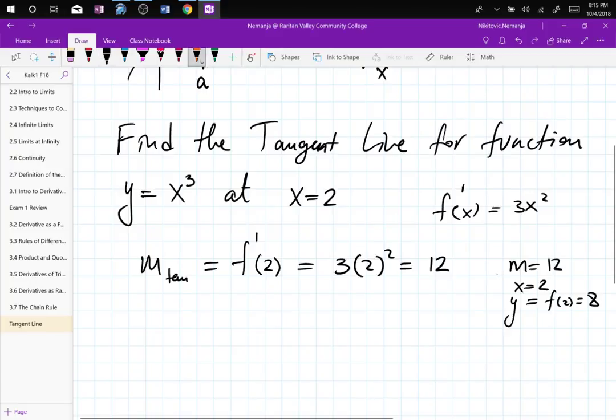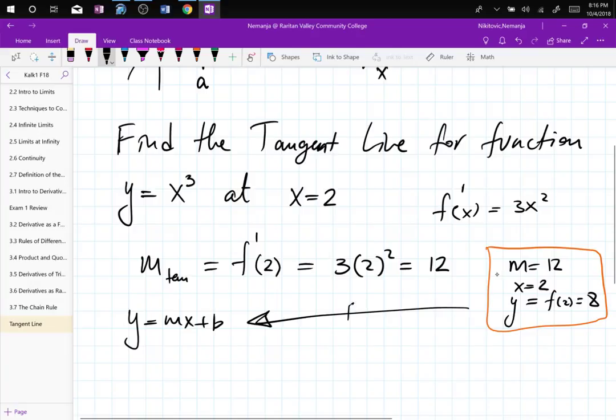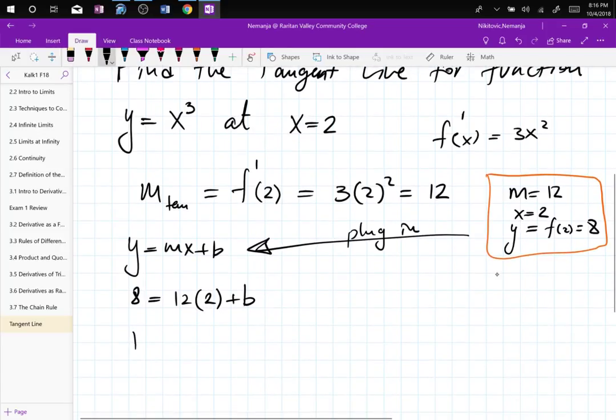So now I have my 3 values that I need to come up with the equation of the tangent line. y equals mx plus b, plug in: y is 8, m is 12, x is 2, plus b, and you can calculate b.